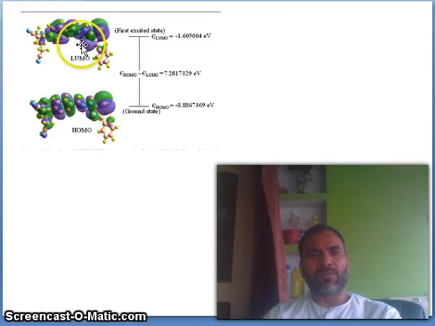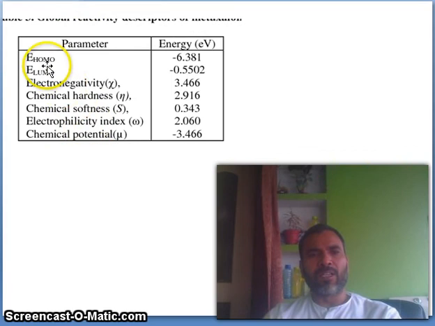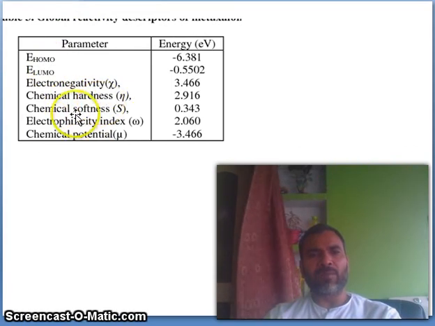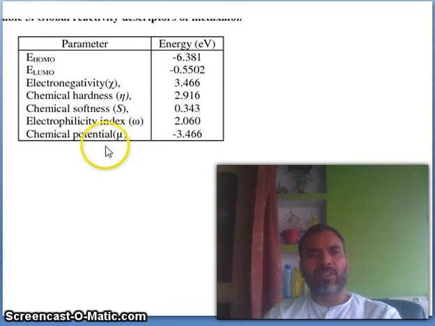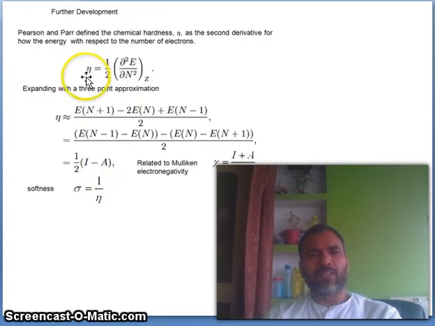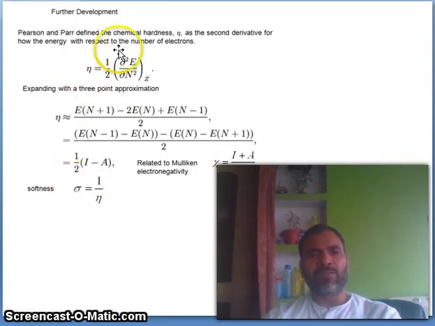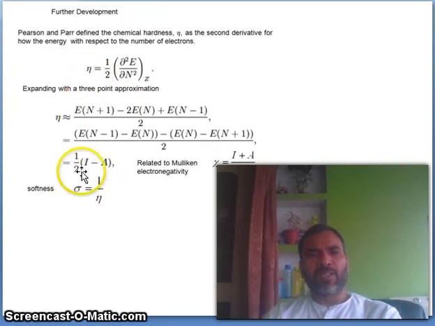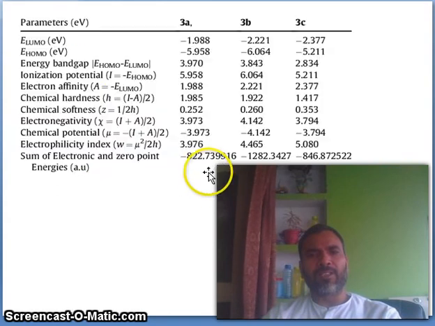You see, from HOMO LUMO you can calculate electronegativity chi, chemical hardness, chemical softness, electrophilicity index omega, chemical potential mu. You can see the same thing here. So you can calculate with the help of eta, sigma and chi.